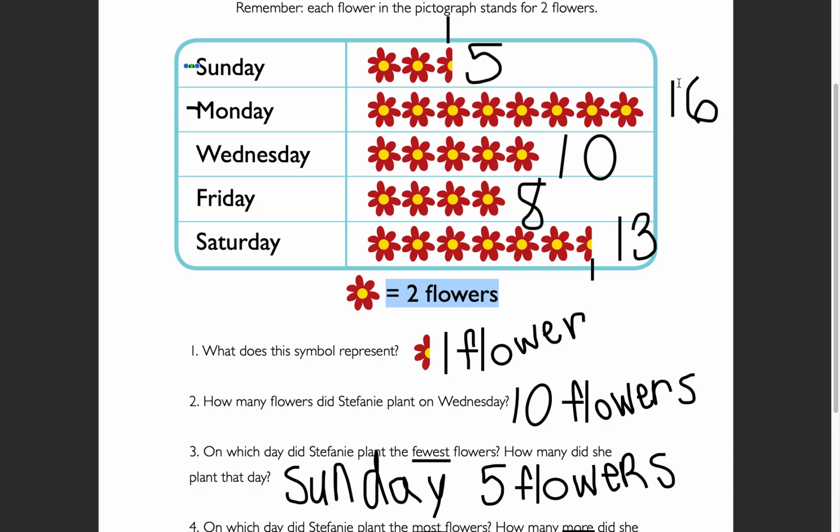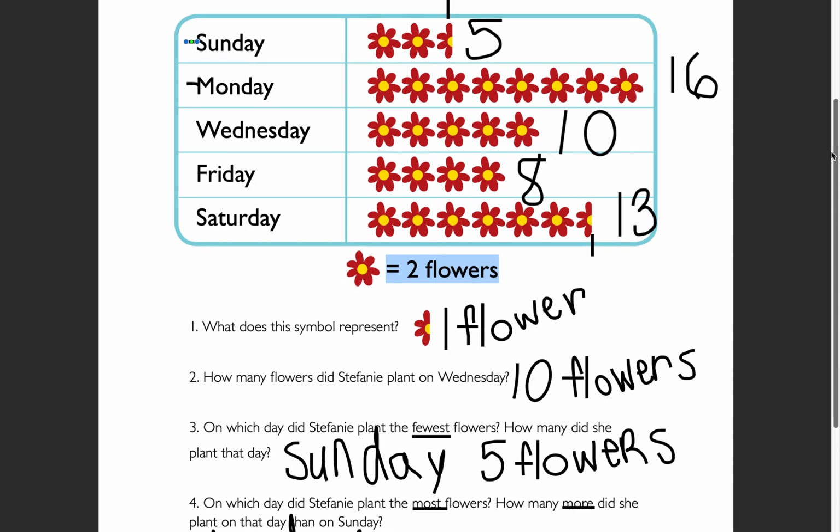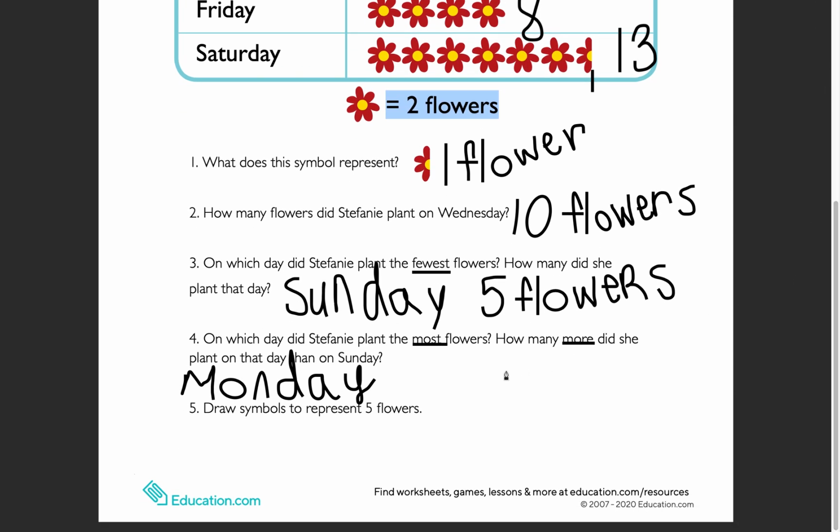We'll keep practicing. So I'm going to subtract 16 minus 5. So let me write my equation, right? That math word. 16 minus 5. And you start figuring out your answer. There are lots of different ways to do this, right?